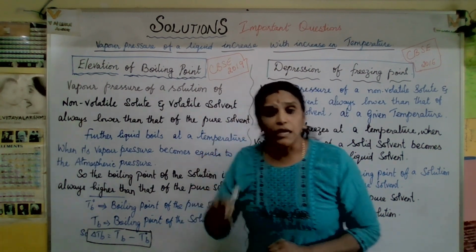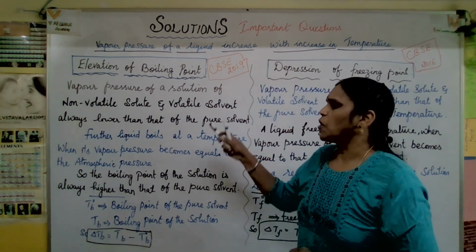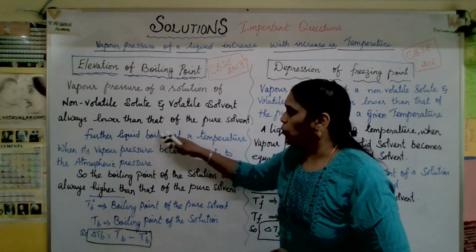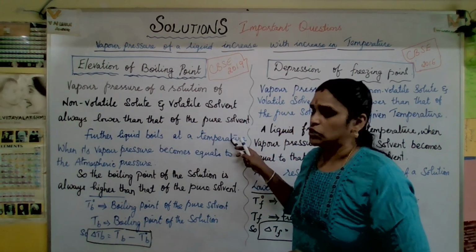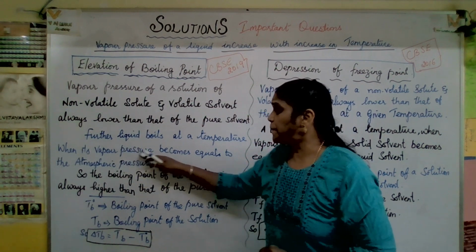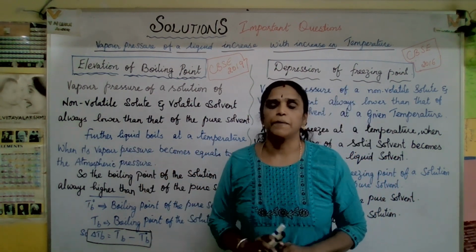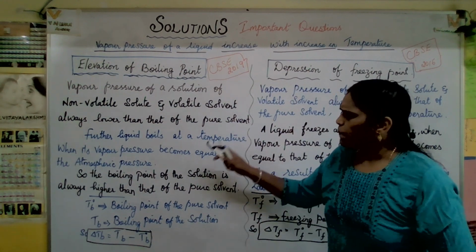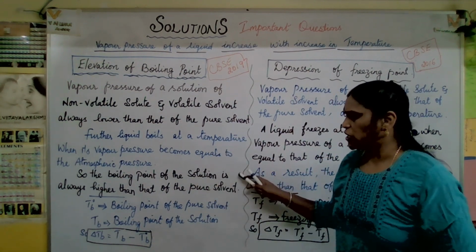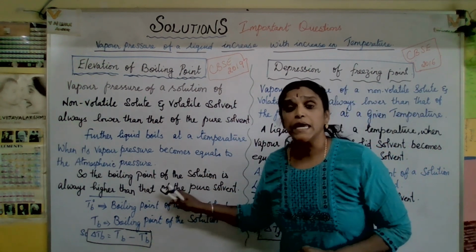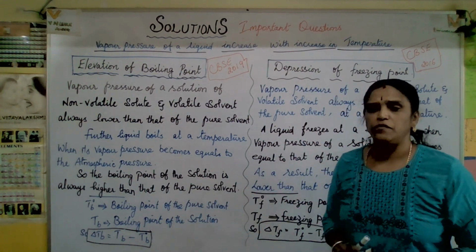Now, in elevation of boiling point, a liquid boils at a temperature when its vapor pressure becomes equal to the atmospheric pressure. So the boiling point of a solution is always higher than that of the pure solvent.